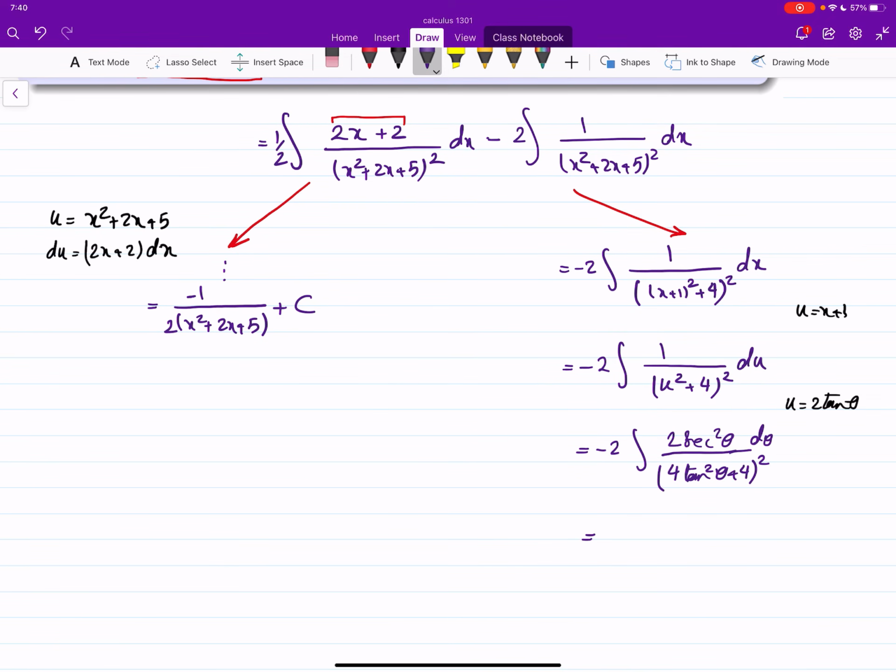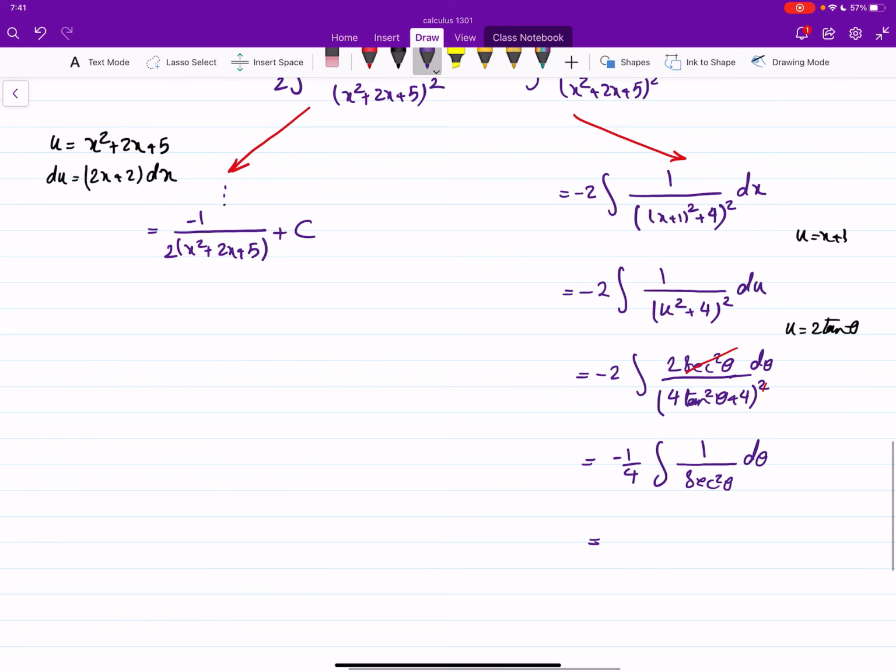And now I can multiply everything and simplify. So there will be negative 4 in the numerator, there will be 16 in the denominator, so it will be minus 1/4 integral sec², and one of the tan² + 1 will go away, so what we will get here is going to be sec² θ in the denominator, and that is nothing but negative 1/4 integral of cos² θ dθ.